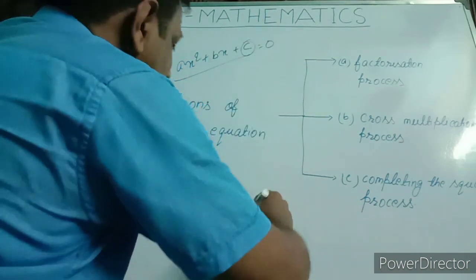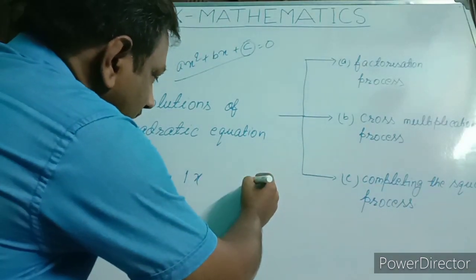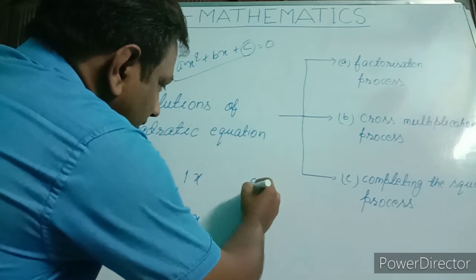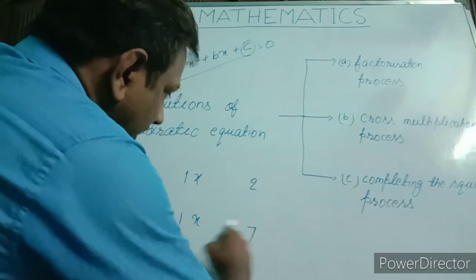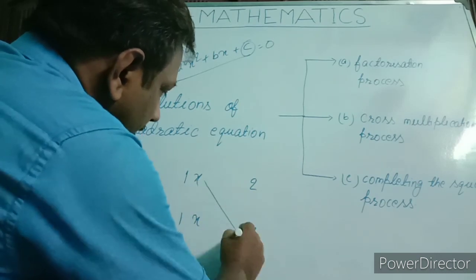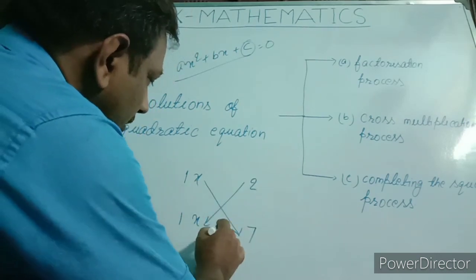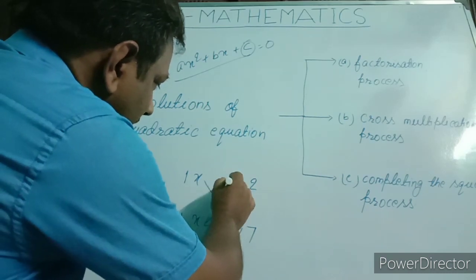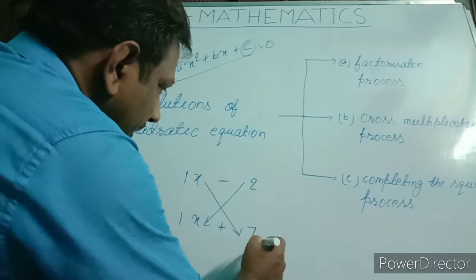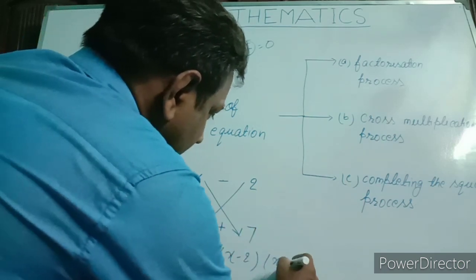What is coming at c? That is split into two terms, and the smaller one is written above. Suppose this is 2, and the bigger one is written below. Suppose this is 5. Then we put the symbol of cross multiplication and we decide wherever plus will come, wherever minus will come. Suppose here minus will come, then here plus will come, then our factors become x minus 2 into x plus 7.